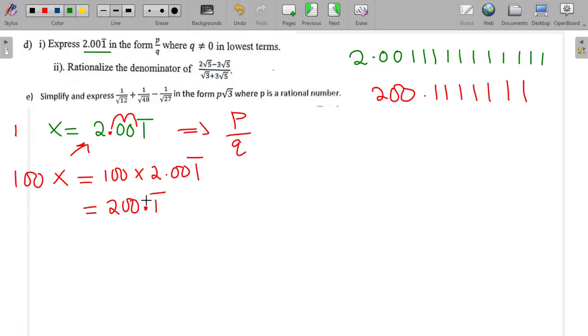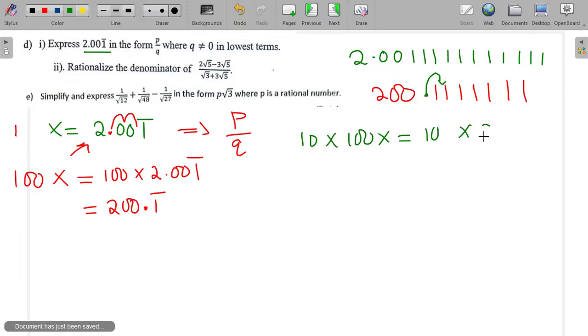How can I do that? To move the decimal place one time, I multiply by 10. So I also multiply that part by 10. It will be 10 multiplied by 100x equals 10 multiplied by 200.1 bar, which gives me 2001 and then 0.1 bar.